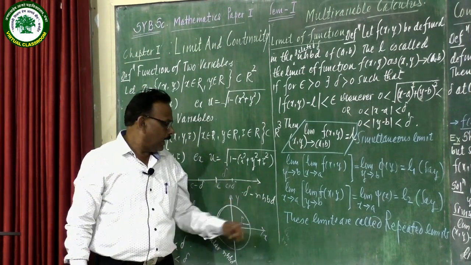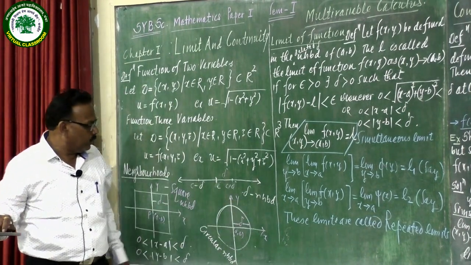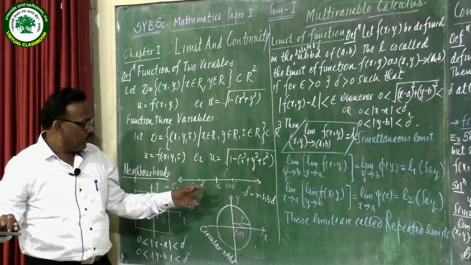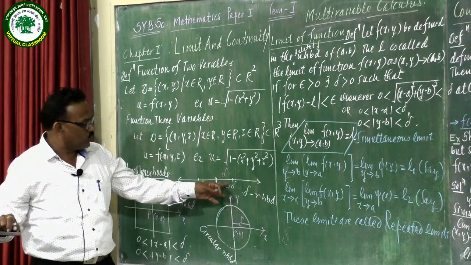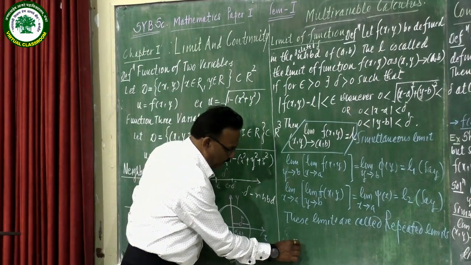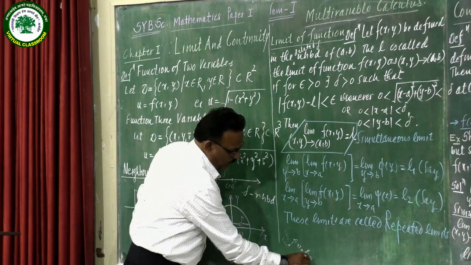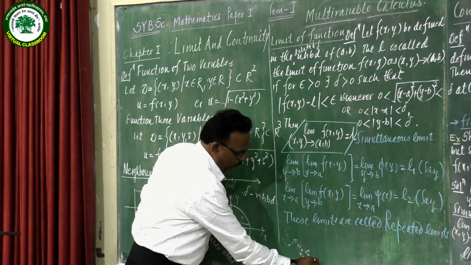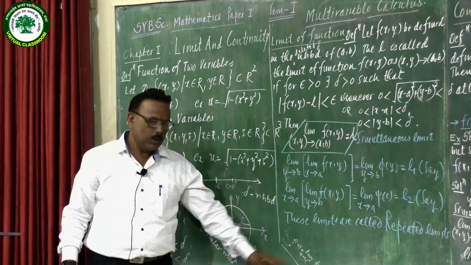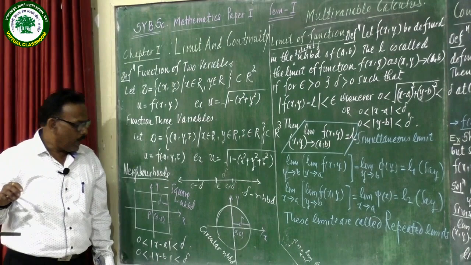It is delta neighborhood. As it is delta neighborhood, we are considering this is function of single variable, and we can consider limit as x tends to c plus of f(x), which is equal to limit as x tends to c minus of f(x), and if both the limits are existing and having equal value, then limit of function will exist.